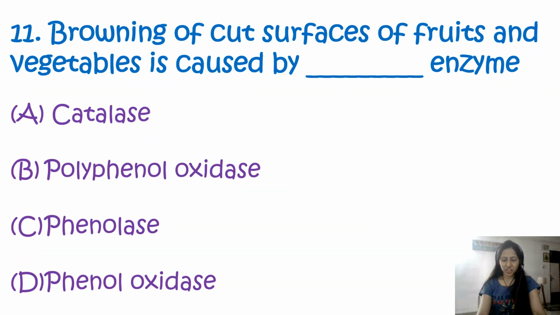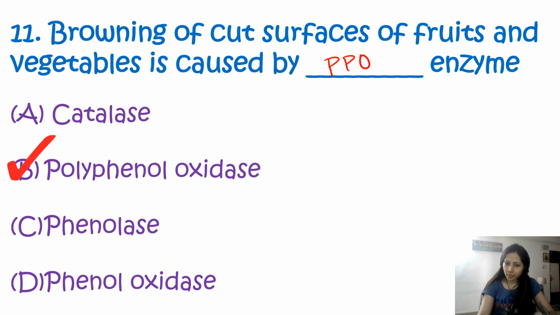Next, question number 11. Browning of cut surfaces of fruits and vegetables is caused by which enzyme? So options are catalase, polyphenol oxidase, phenolase or phenol oxidase enzyme. So the correct option will be option number B, that is polyphenol oxidase enzyme. It is also written as PPO. This polyphenol oxidase enzyme catalyzes the oxidation of phenolic compounds present in the tissues of the fruits or vegetables, and it leads to the formation of brown pigment, which is known as melanin.